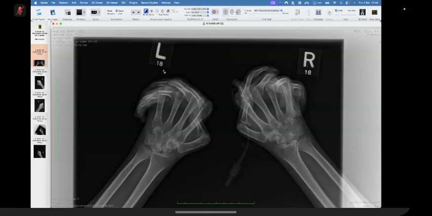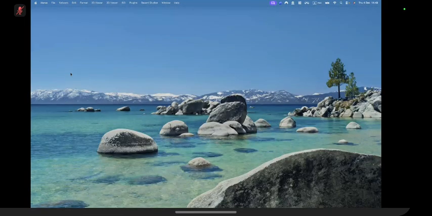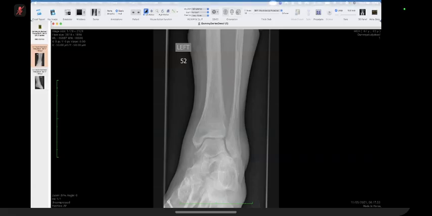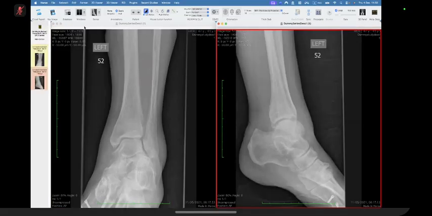Not a problem. I just want to show you one more case before we go on to the feedback. This is a patient who has come in, and this is me telling you exactly the way it happened. This is a patient who's come into the clinic. You're on duty for MSK ultrasound.